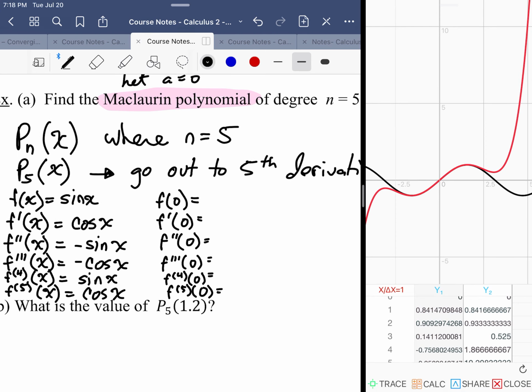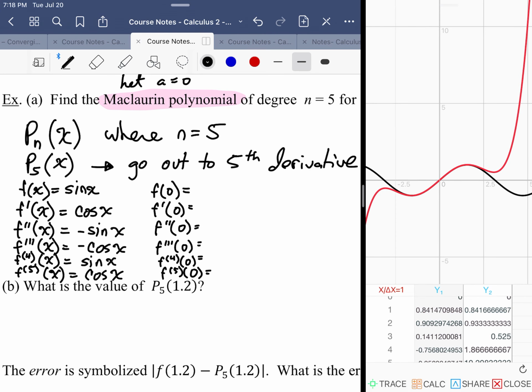Penmanship is kind of getting away from me here a little bit, but we do know that at 0, sine functions are all equal to 0. So the original function, the 2nd derivative, and the 4th derivative. Now, cosine has a value of 1. Negative cosine is -1, it's just negating the 1, and then back to a positive 1.